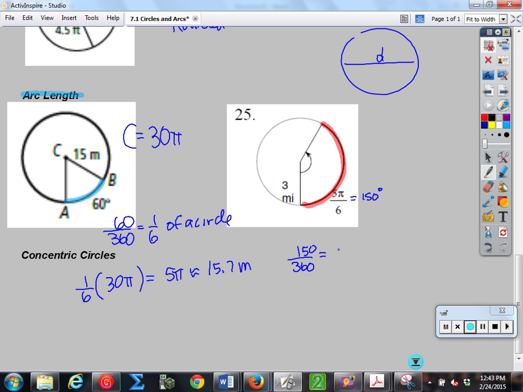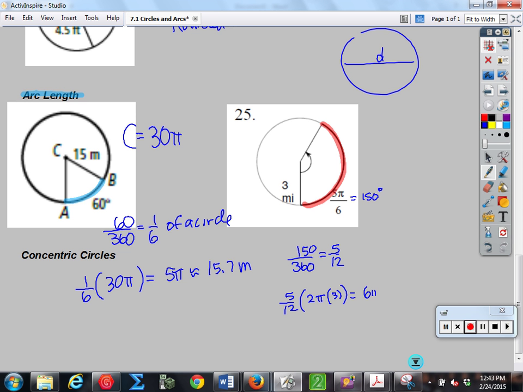So watch what happens with this though. This is kind of nice. If you notice this pattern, I'm going to do 5/12 times the circumference. What's the circumference? 2 pi r. I'm going to do 6 pi times 5/12.